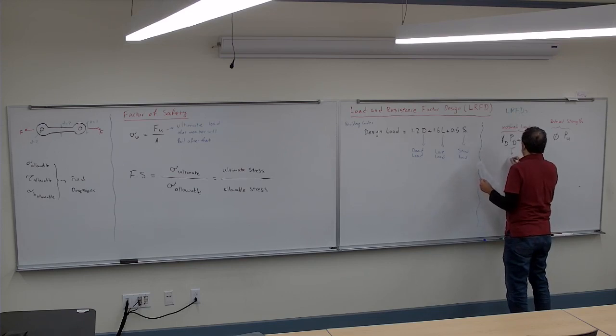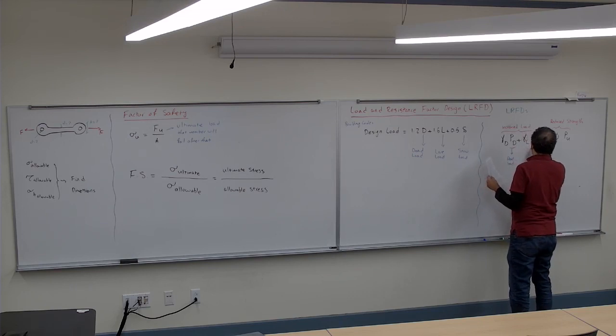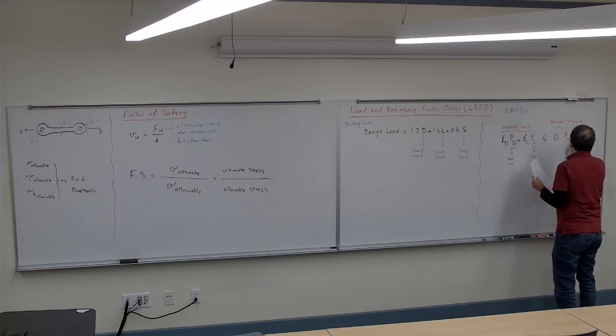PD is the dead load. PL is the live load. And PU is the ultimate load.